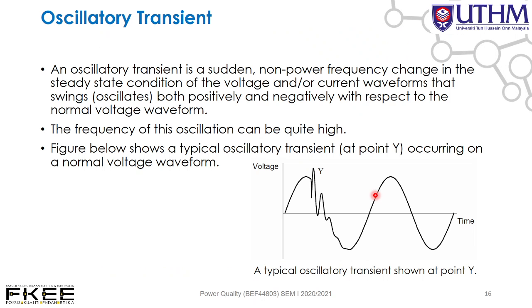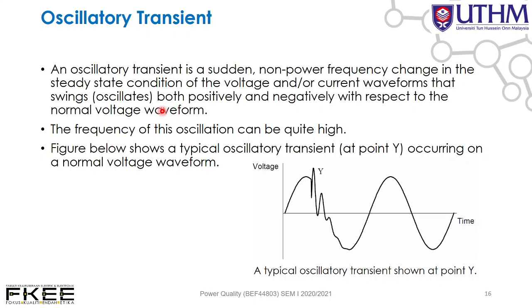Oscillatory transient. This is the example of oscillatory transient. Look at this figure. This one oscillates. The voltage oscillates at a certain period. An oscillatory transient is a sudden non-power frequency change, maybe higher than nominal frequency, in the steady state condition of the voltage and or current waveforms that swing or oscillate.